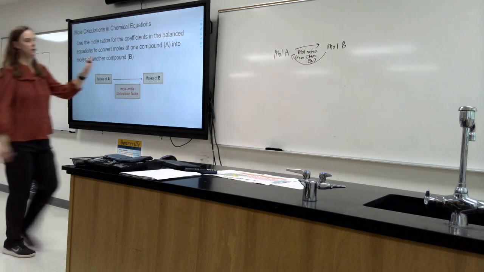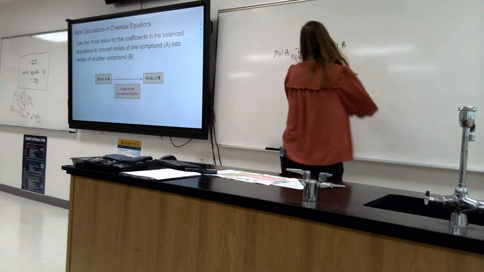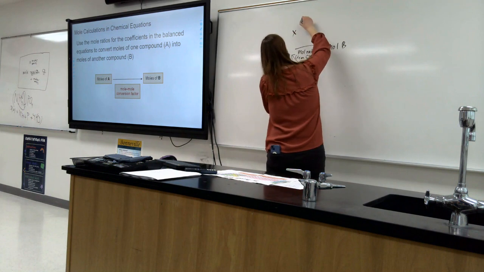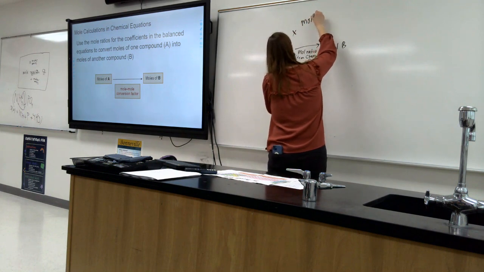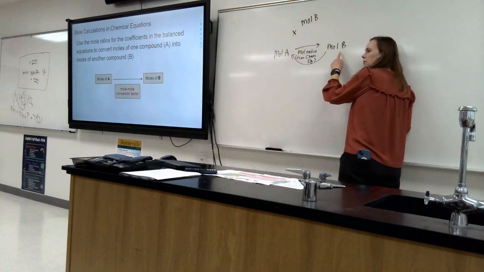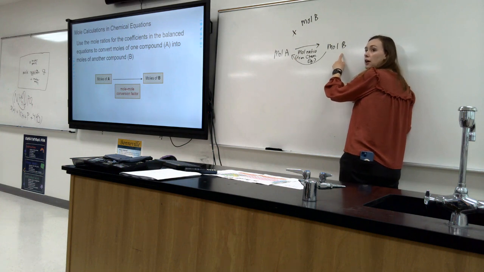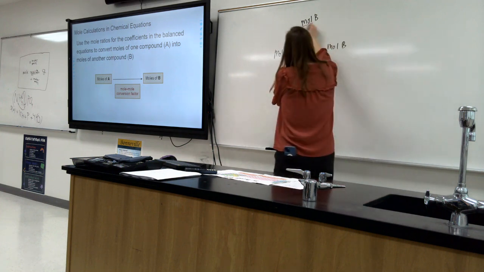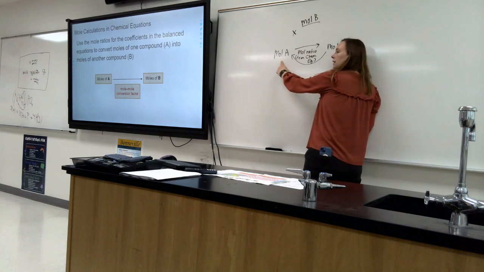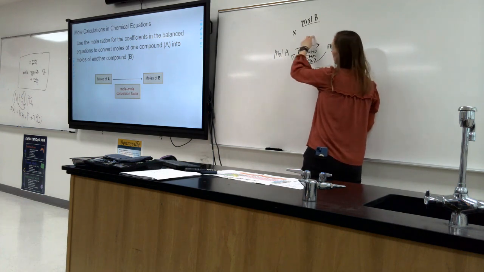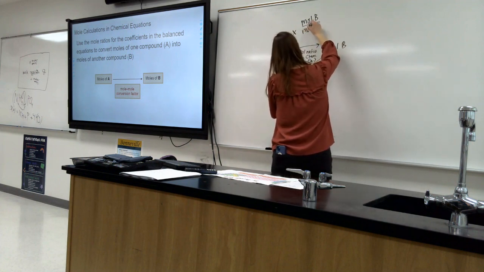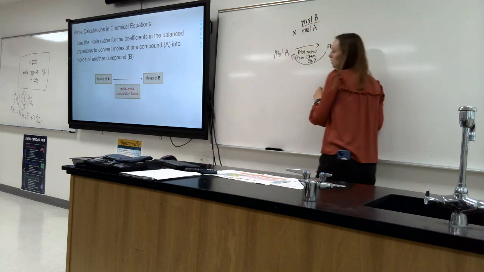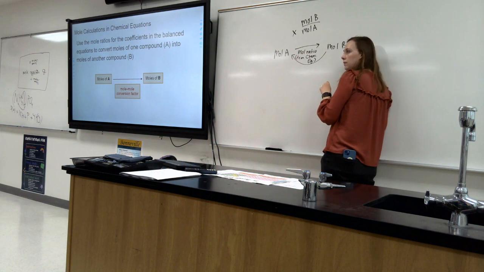If I go from moles of A to moles of B, my ratio is going to look like this. Moles of B is going to go on the top. Whatever I'm trying to find goes on the top. Whatever I started with, I need that to cancel out. So if this is what I start with, that's going to end up on the bottom. The number from the chemical equation will go on the bottom.